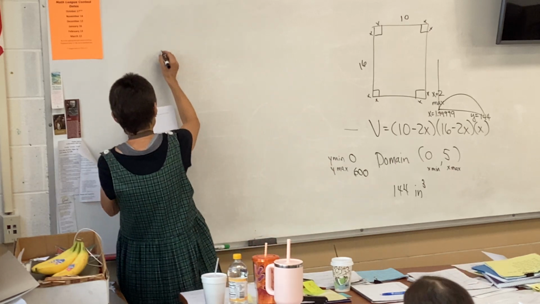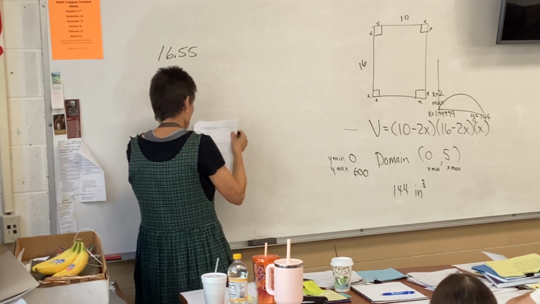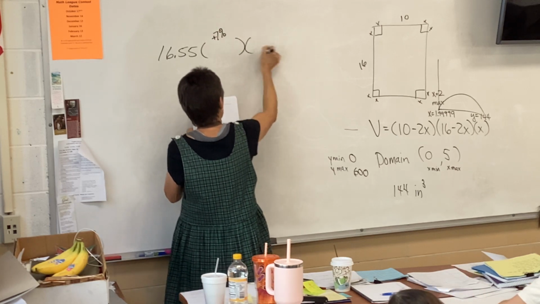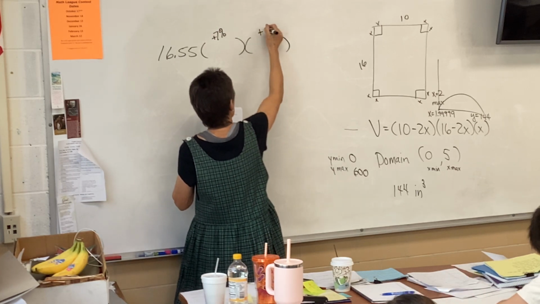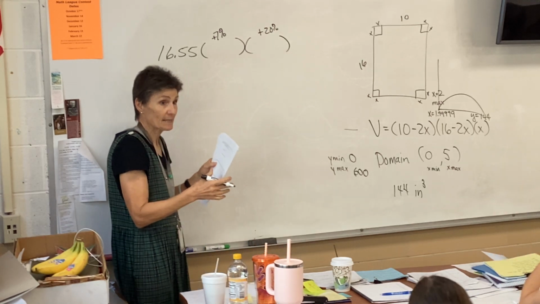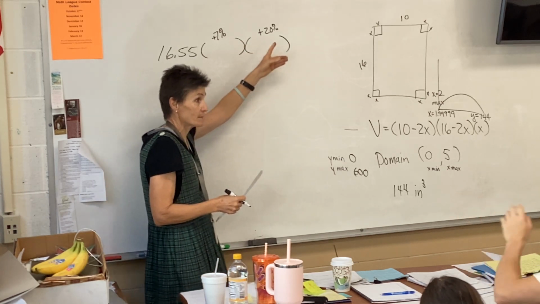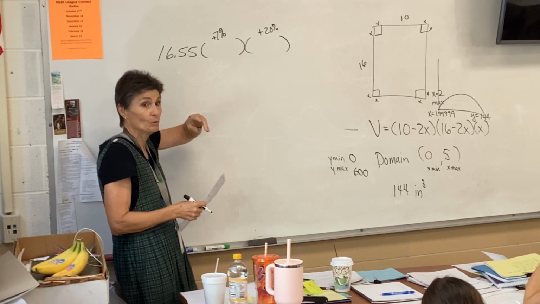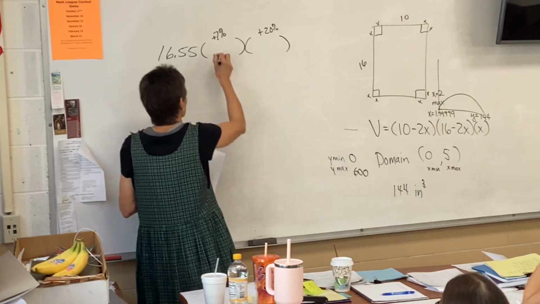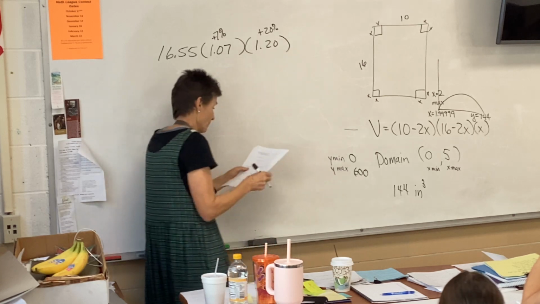All right, so my meal costs $16.55. I'm going to make a couple of adjustments. I have to pay tax, and I have to pay a 20% tip. Now, tips get added on. That's not a discount, that's extra. So since these are both extras, they're both going to get added to 1. So what am I going to multiply by? 1.07. 1.20, yep.